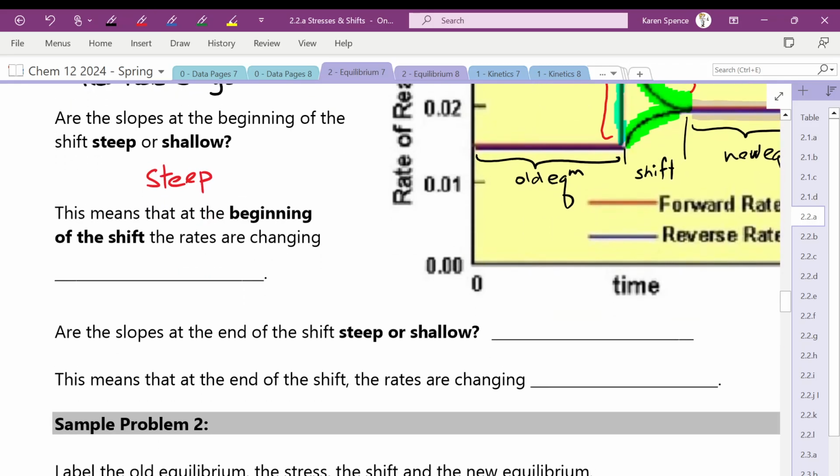And because it is steep, that means that at the beginning of the shift, the rates are changing. A steep slope means fast. They're changing quickly. Steep slope means fast rate of change.